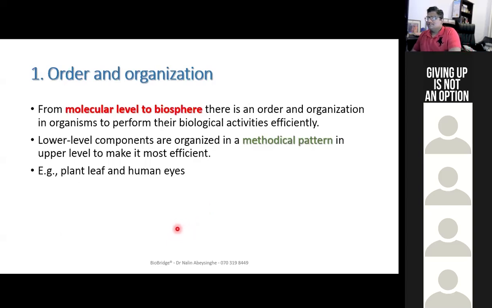Order and organization. Now, there is a well-planned, well-organized hierarchical system from molecular level to the biosphere in the biological world, right? So from molecular level to biosphere, there is order and organization in organisms to perform their biological activities efficiently.